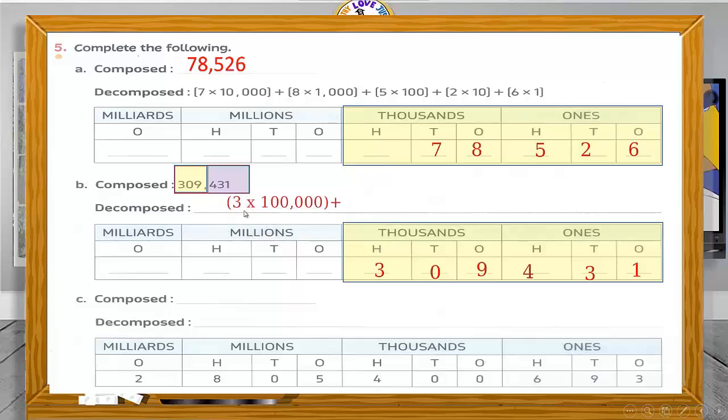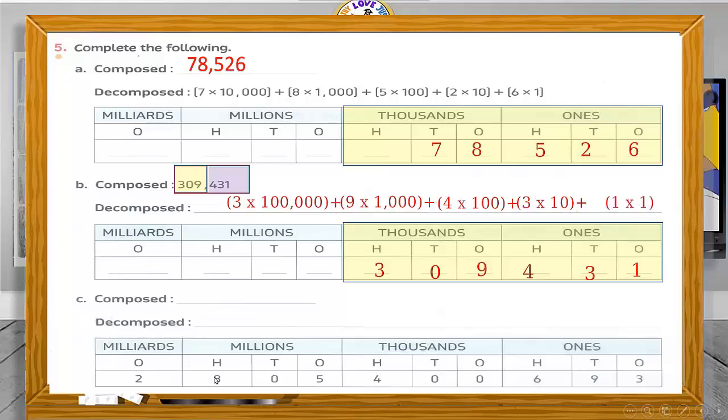So you should write 3 times 100,000. 0. And in 1,000 place we have 9. Write 9 times 1,000. Next place we have 4 in hundreds. Write 4 times 100. 3 in tens. So write 3 times 10. And in last place we have 1. Write 1 times 1.